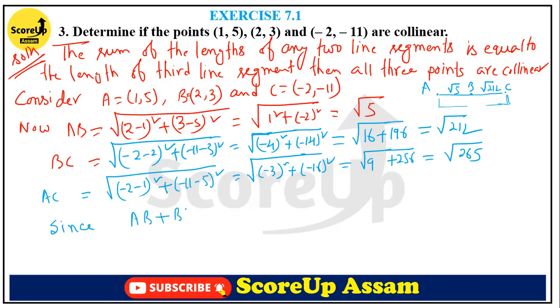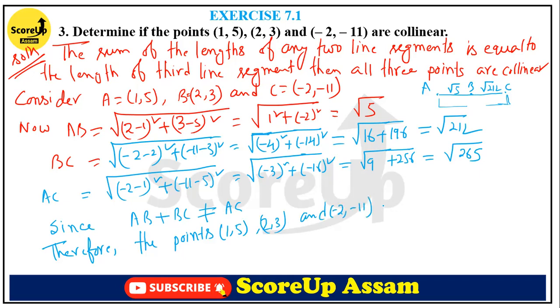Since AB plus BC is not equal to AC, what can we say? Therefore the points 1, 5, 2, 3 and minus 2, minus 11 are not collinear.